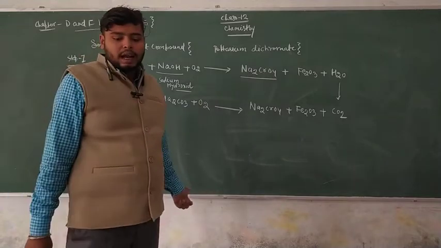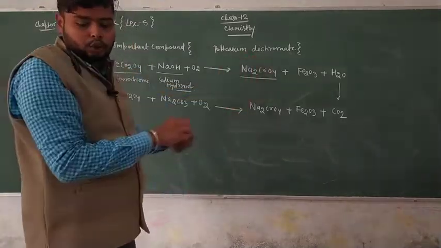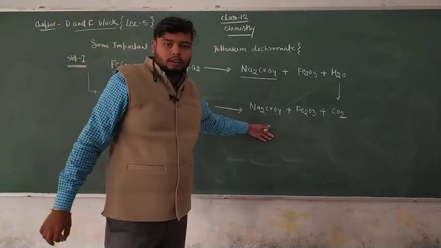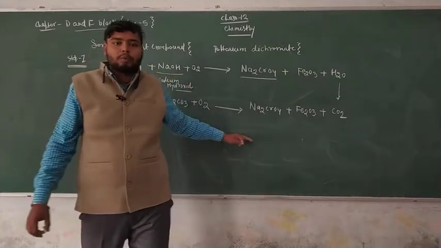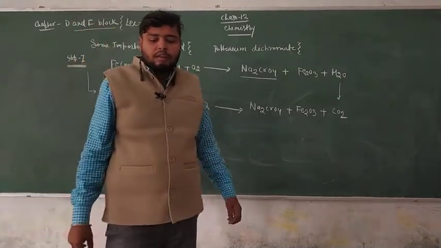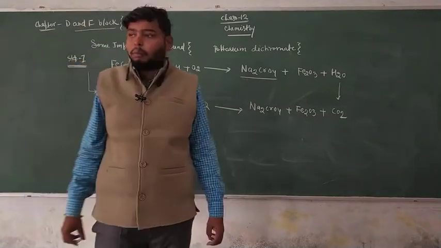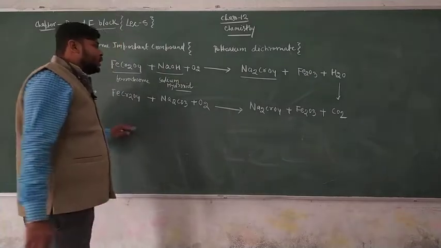After this reaction, the roasted mass of ferric oxide and sodium chromate is extracted, where sodium chromate is dissolved, with ferric oxide left behind.